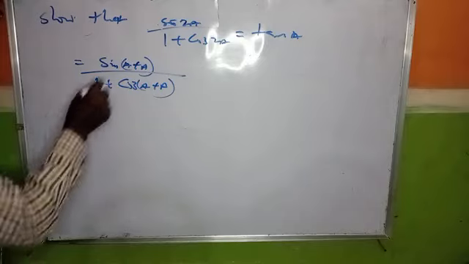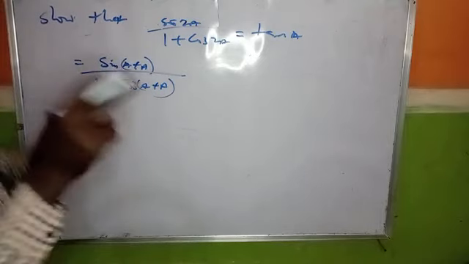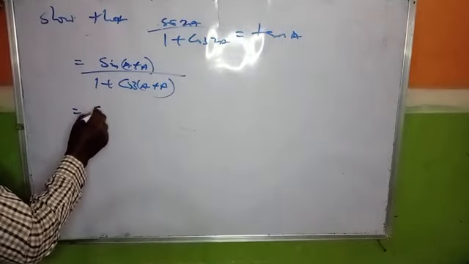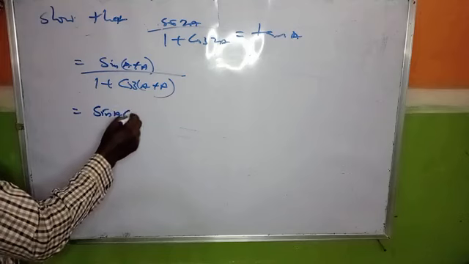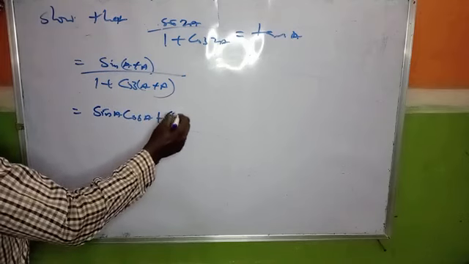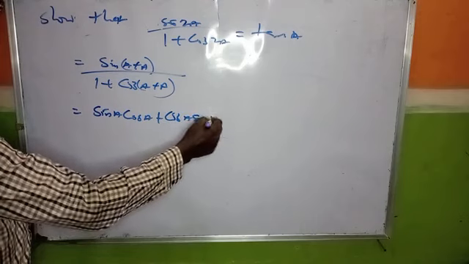Again, the formula for this, I told you, sine maintain the sign. So it starts with sine A cos A plus cos A sine A.